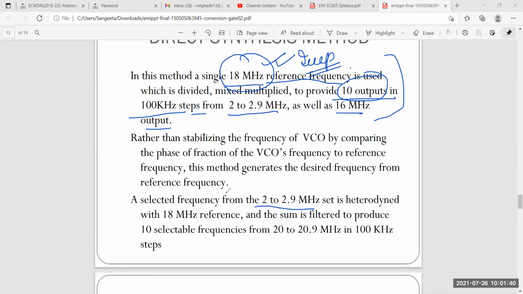Can you explain the term heterodyne? Anyone? Any idea? Have you heard of this word before, Aditya? No idea? Okay, so you don't know about heterodyne. Let me explain it first.